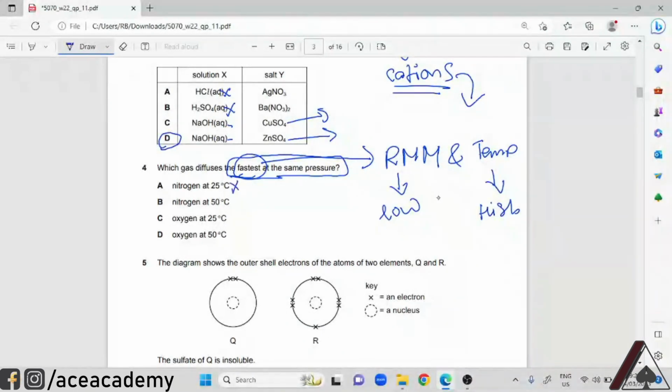So 25 degrees Celsius is not the answer. 50 degrees Celsius is the answer. But we can see that for nitrogen, our RMM is lower than for oxygen. As a result, option B is the answer.